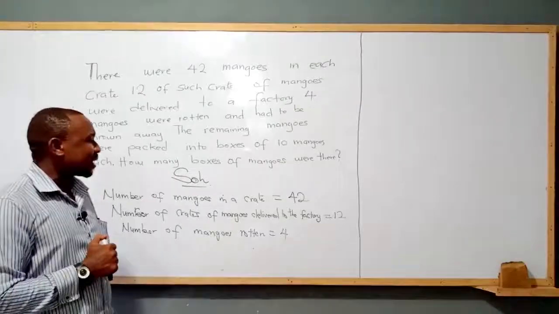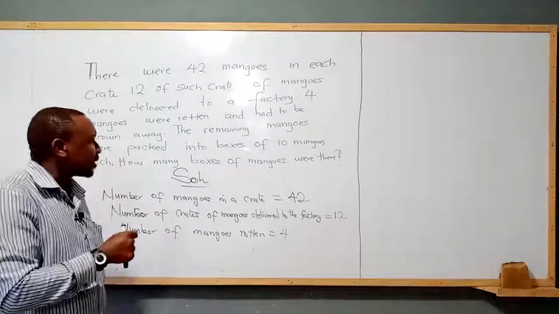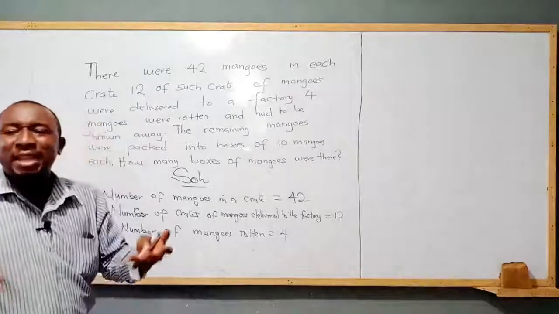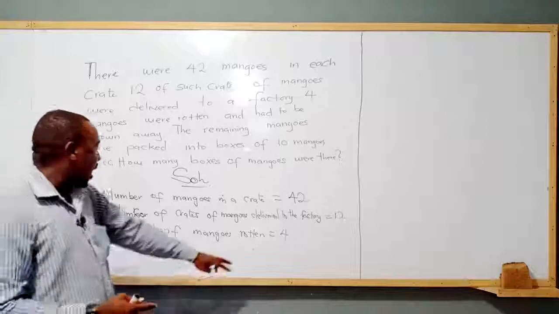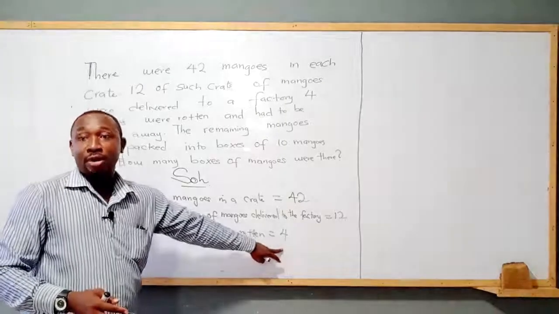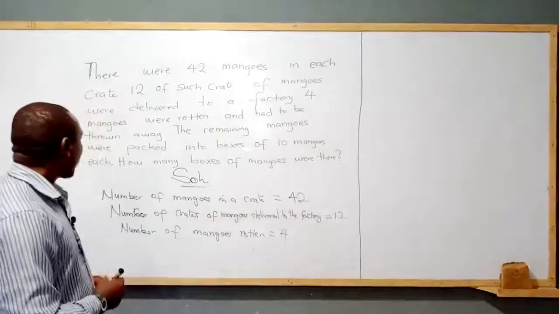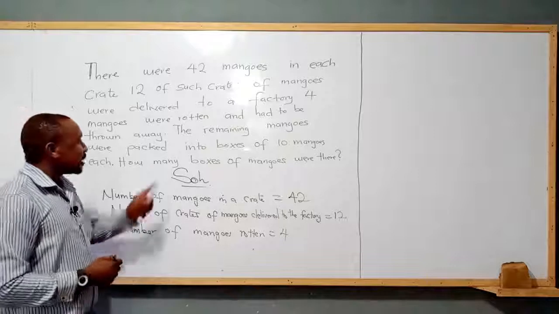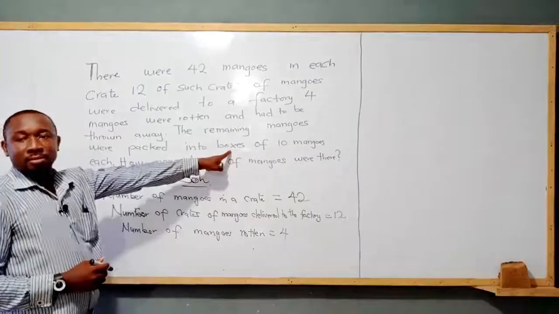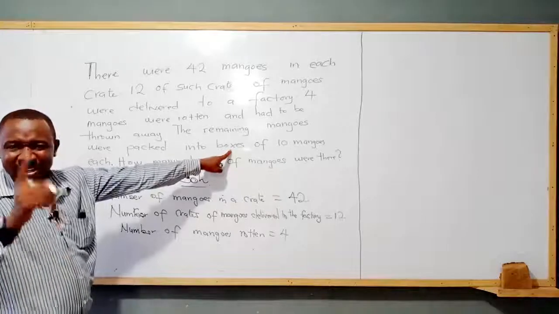So the question is now telling us to find out the number of boxes that were able to contain the remaining mangoes after they took the 4 rotten mangoes out. So now, let's come back here and write another fact.